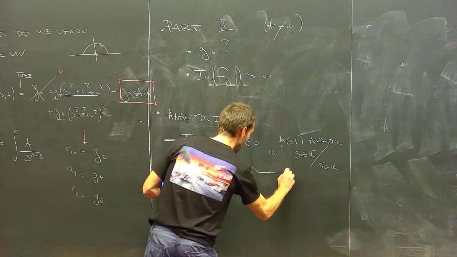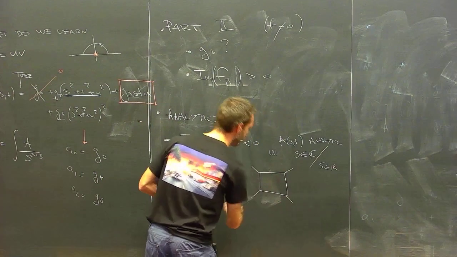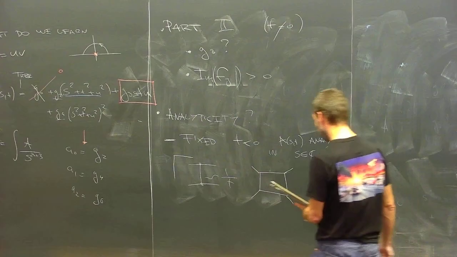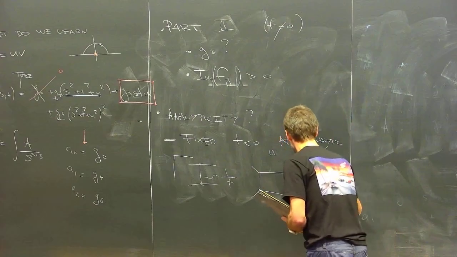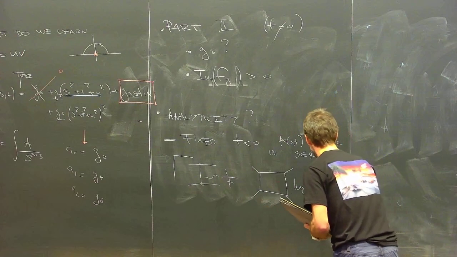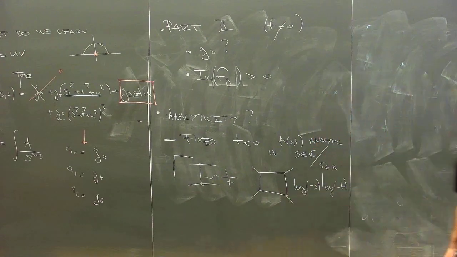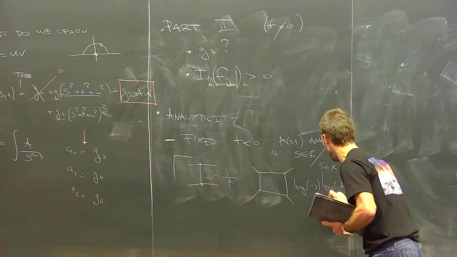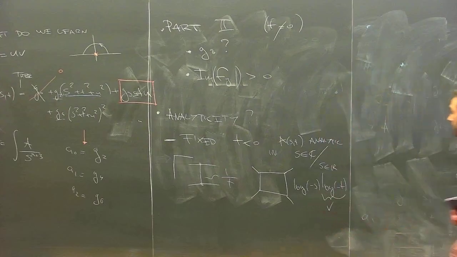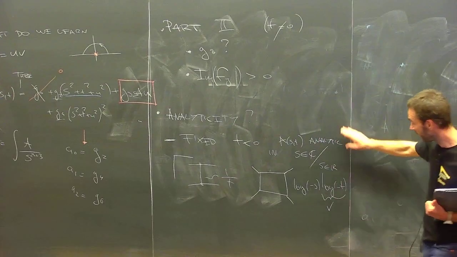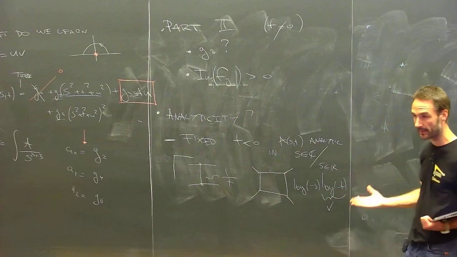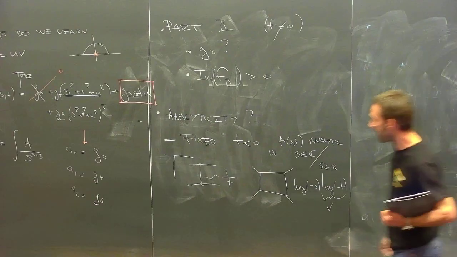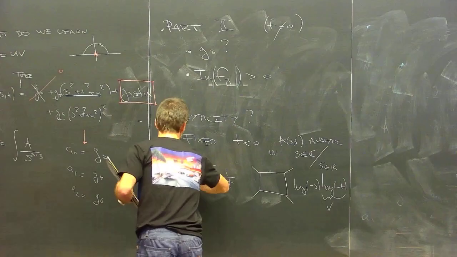And the associated box diagram has many features, but in particular the type of things in 4 dimensions that we're looking at is things like log of s, log of t, log of minus s minus t, and this thing is fine for negative t. This is finite, and the amplitude is indeed analytic over there. This is an example in QFT.